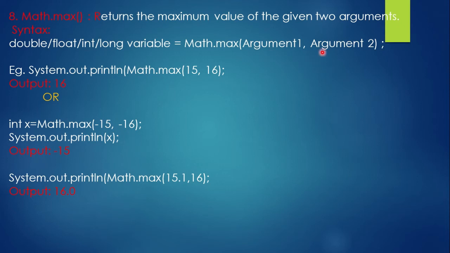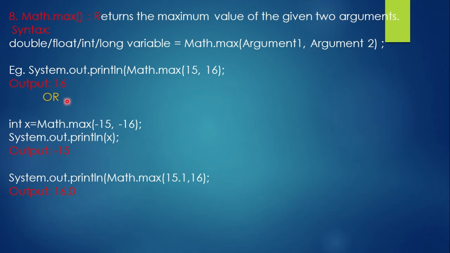This function can have only two arguments. Remember, you cannot calculate the maximum among three numbers or four numbers. This function is designed in such a way that it can only receive two arguments. So it will always calculate the maximum from two arguments only. Remember that.